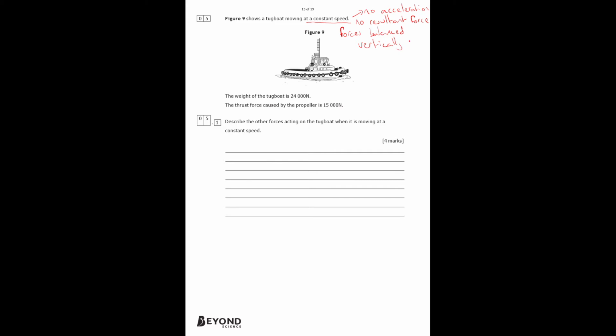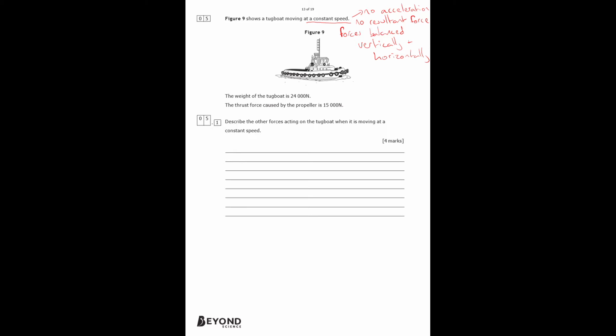So, given what I've been told about the weight of the tugboat and the thrust force from the propeller, I can also make statements about the forces acting against the boat backwards and also up on the boat too.